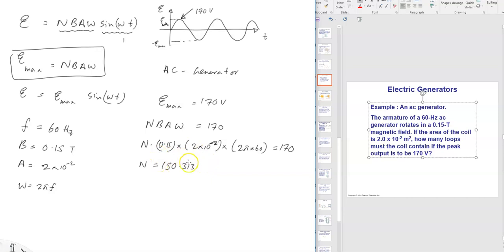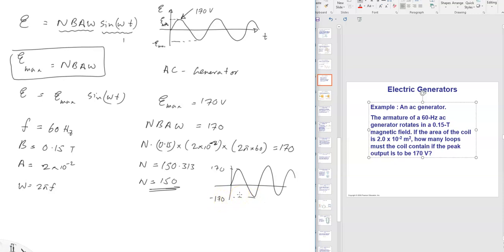Now these are number of turns, so we should round it, and you can just say N equals 150 turns. So this coil should have 150 loops, 150 turns, and if it rotates at this speed in this kind of magnetic field, it will create a maximum of 170. So the voltage comes out, goes like this, between 170 and negative 170.